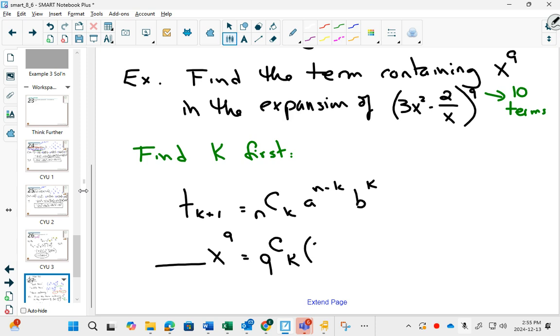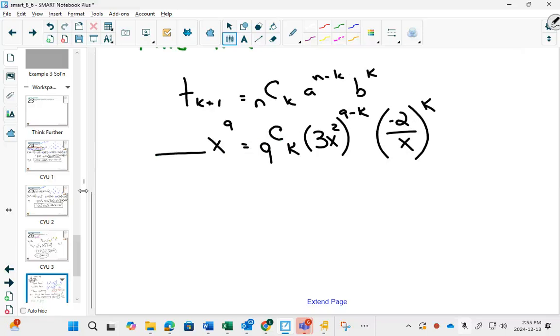I know that my a value, the first term, is the 3x squared, and that would be to the 9 minus k, but I don't know what k is. And I know that my b is minus 2 over x, and that will be to the exponent of k. And the only hint they told us is it has an x to the 9.